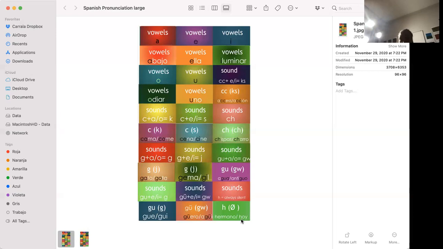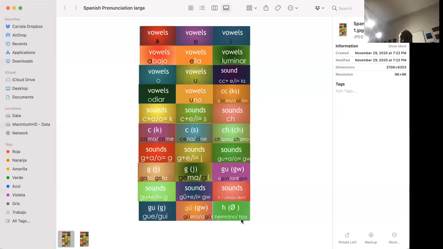But there's a rule for when the U is U, when the U is like a W, and when the U is silent. There's a rule of how these letters are pronounced.